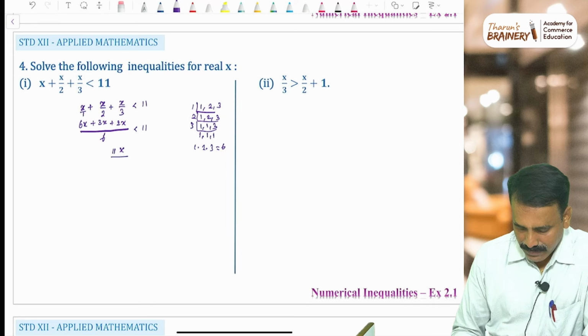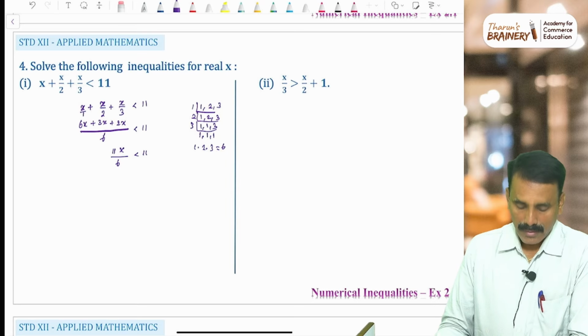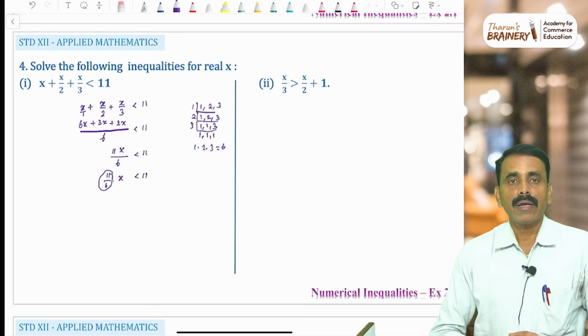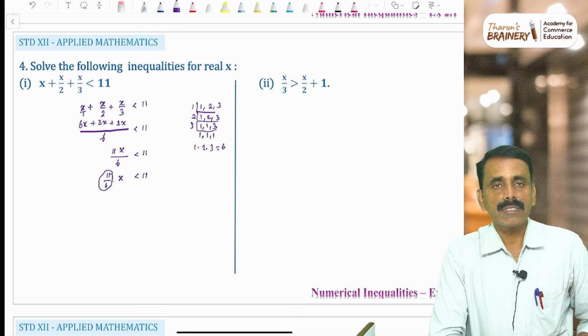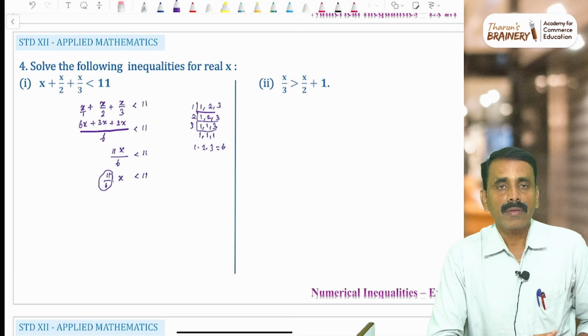11x by 6 less than 11. Okay. Now, we are having 11 by 6 into x less than 11. I want to remove this 11 by 6. How can I remove this 11 by 6, which is on the left hand side, in multiplication with x?